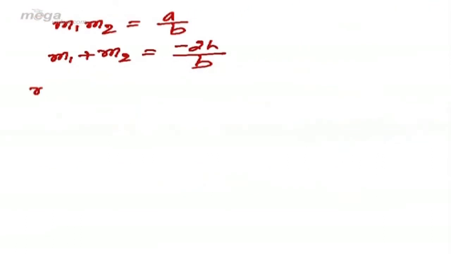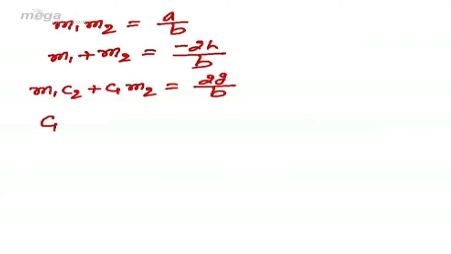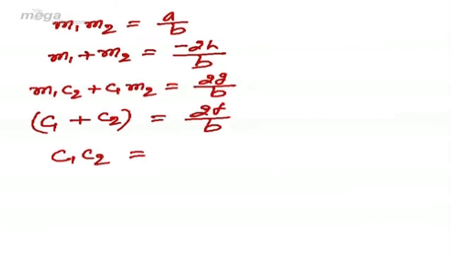Then m1 c2 plus c1 m2 is equal to 2g by b. c1 plus c2 is equal to 2f by b, and c1 c2 is equal to c by b.